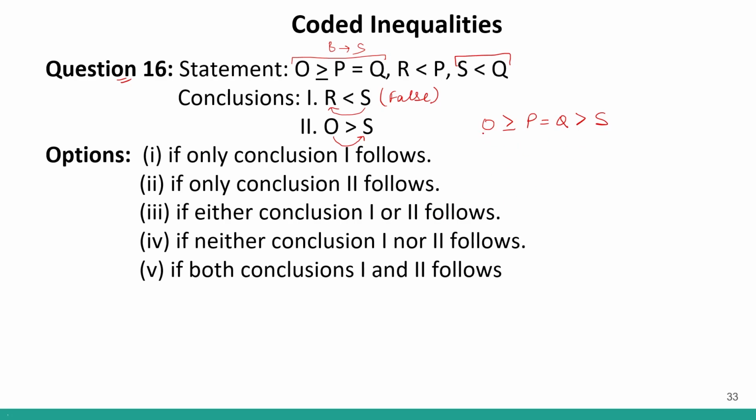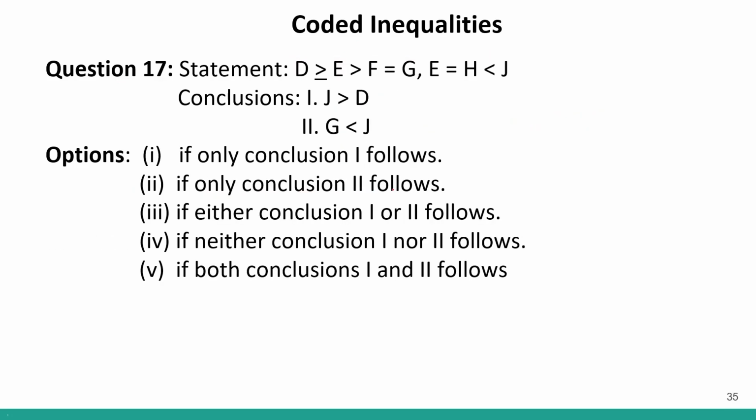Based on this information, I can conclude that O is greater than S. So this will be true. So my answer will be option number 2, that only conclusion 2 follows. Correct? This will be my answer.